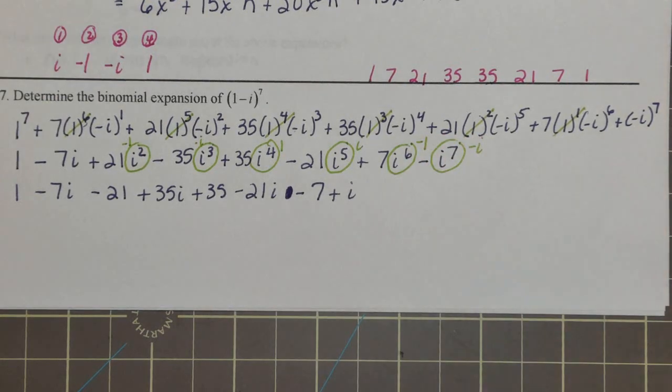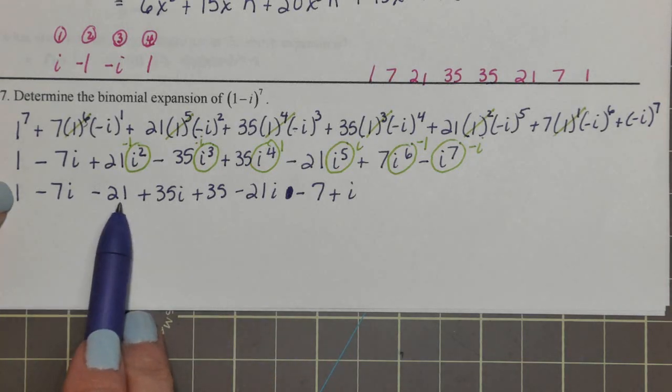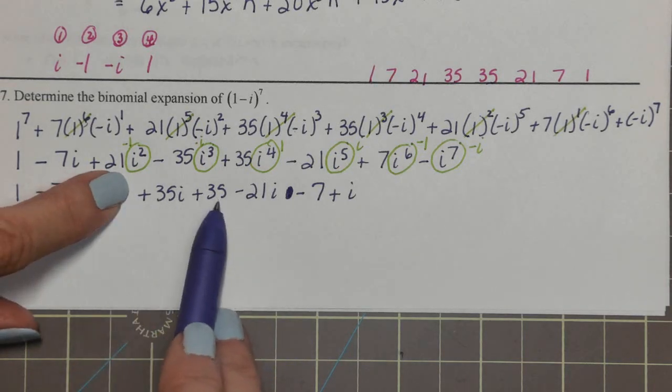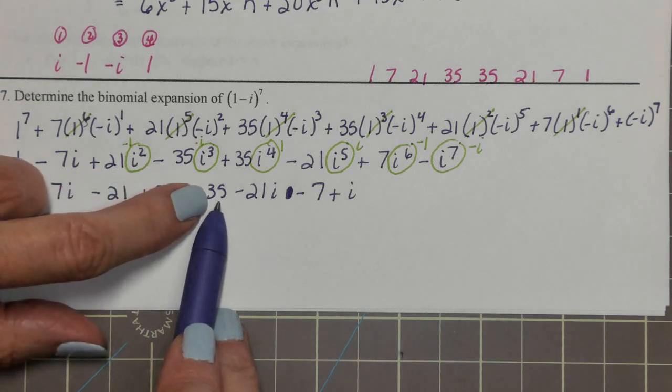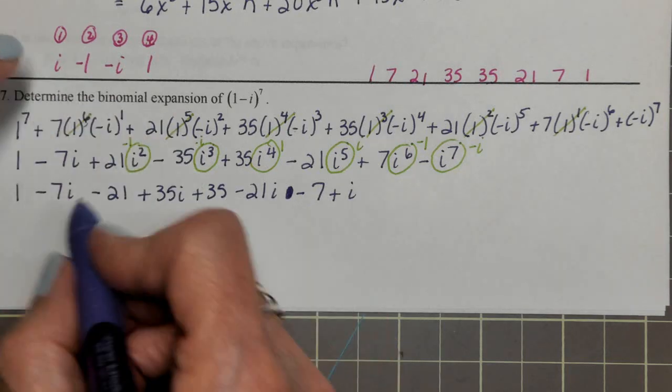i. Okay, let's see if we can combine all of our like terms. So we have 1 minus 21. That'll be a negative 20. Plus 35 is positive 15. 15 minus 7 is 8.